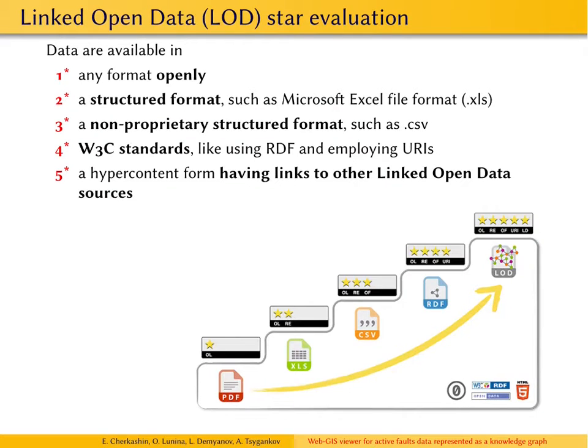Another aspect of data publishing within a semantic network is the level of compliance to so-called linked open data standards. 5-star compliance will require from data that most entities should be linked to other entities' descriptions, use W3C standards for publishing with resource description framework, and all data should be openly published.